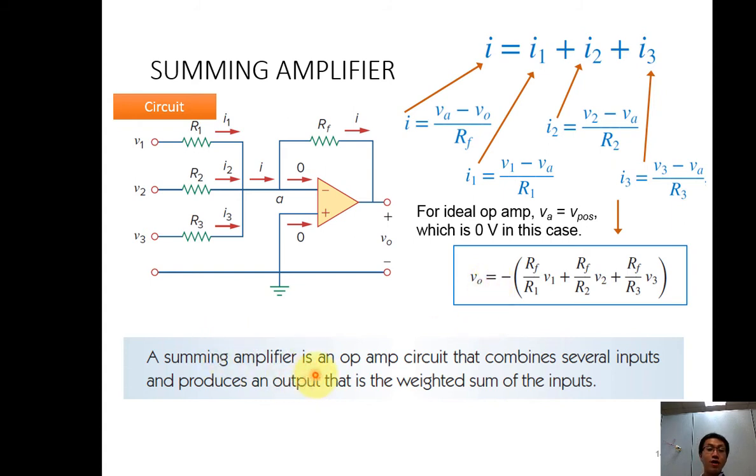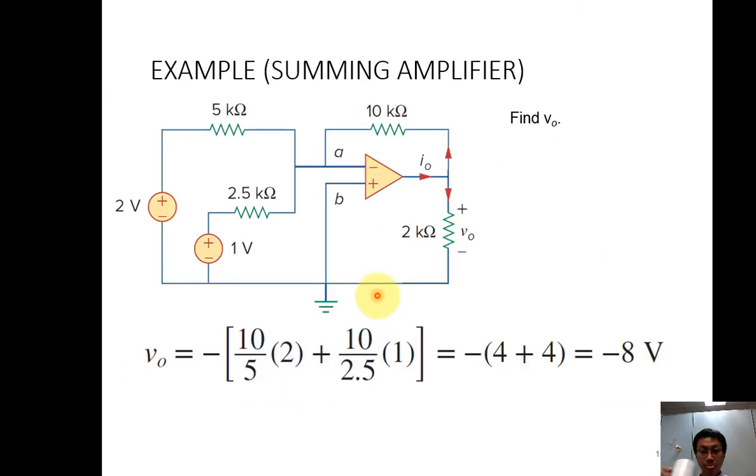A summing amplifier is an op-amp circuit that combines several inputs and produces an output that is the weighted sum of the inputs. For the application here, for example, I have mic number 1, mic number 2 and mic number 3, then the output will be the speaker. This is called a summing amplifier.